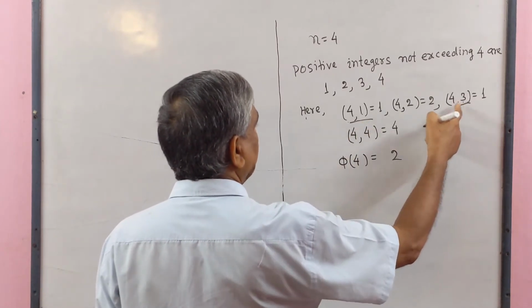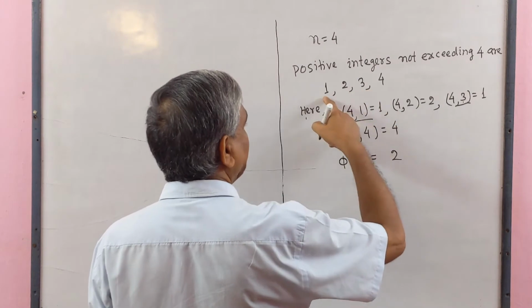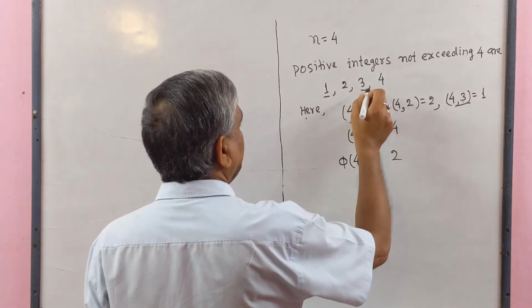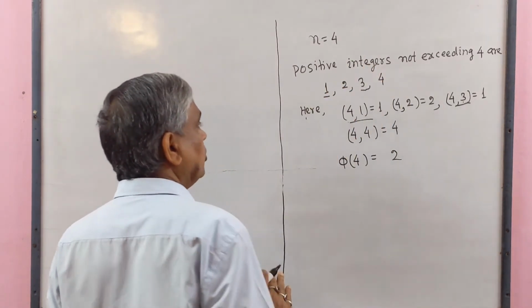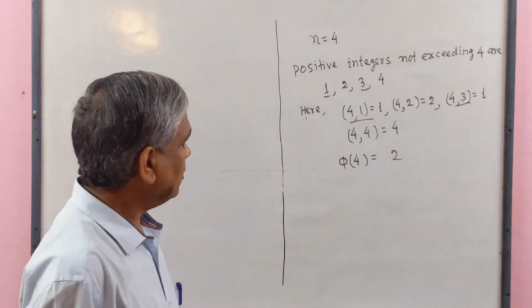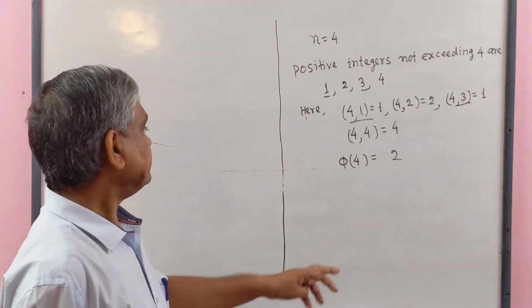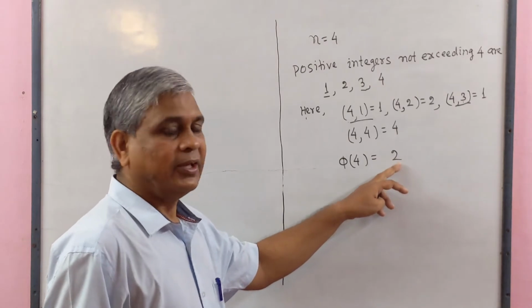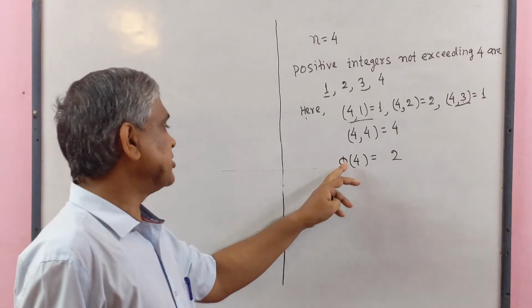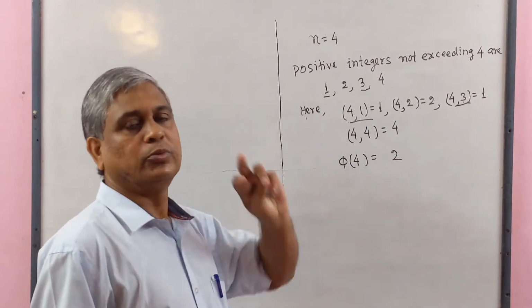Only we get two integers 1 and 3 which are relatively prime to integer 4, and this is called the Euler's phi function of 4 equal to 2.